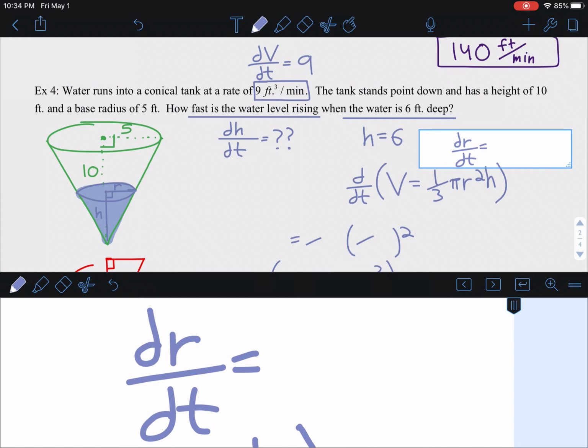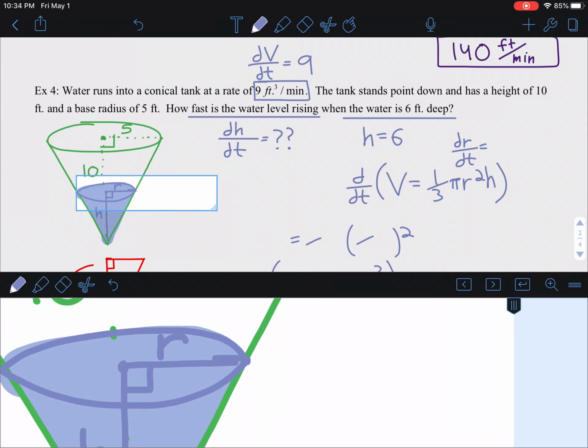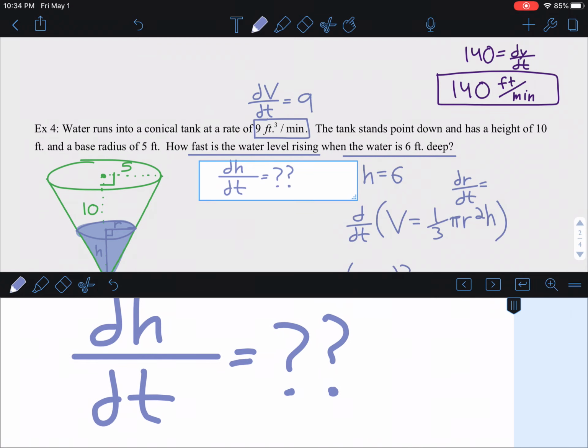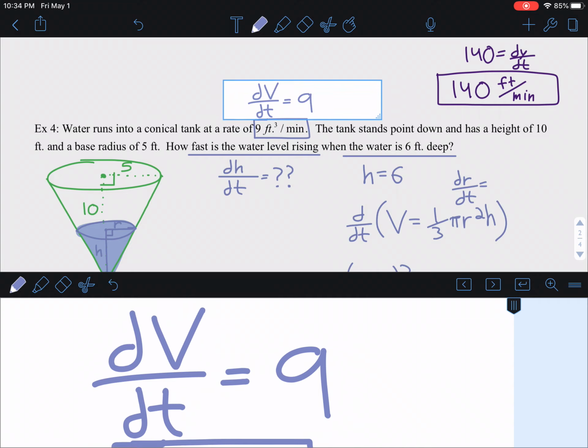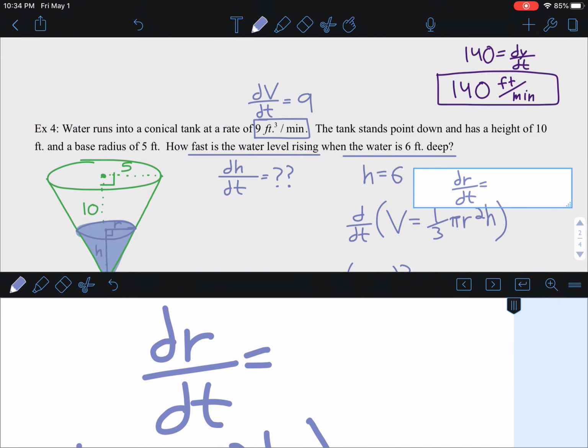Now, some of you might go, okay, that's just another rate, and we know the radius is also changing, so why is that a problem? Well, the reason it's a problem is because I have no information on the rate of change of the radius. I don't have it as a given, and I'm not trying to solve for it. What the heck is dr/dt going to be?